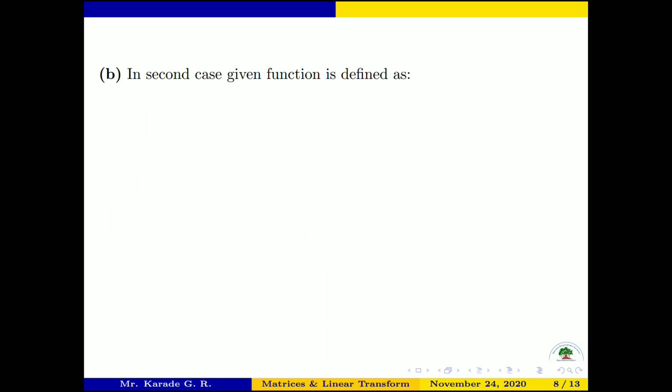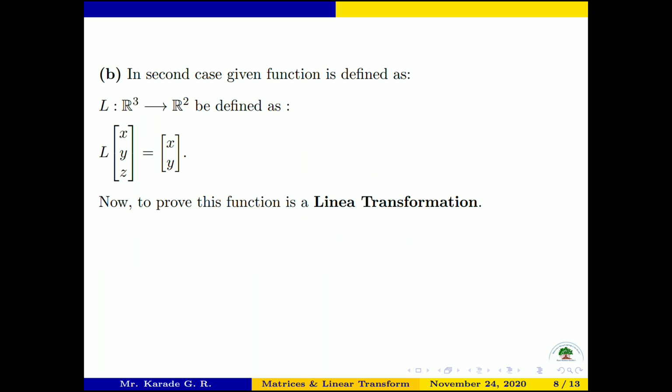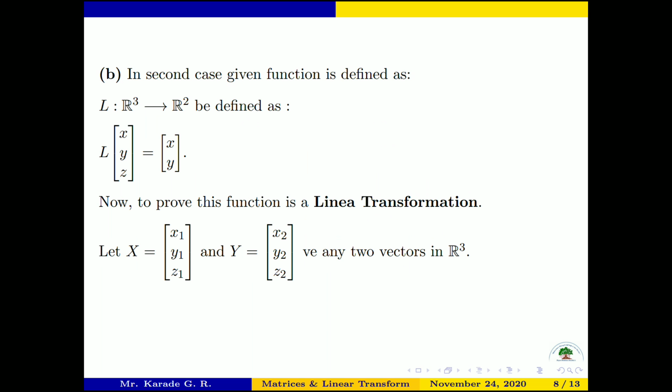Now consider the second example. In the second case, the given function is defined as L from R3 to R2, and it is defined as L operating on a column vector (x, y, z) and we get a column vector (x, y). Now to prove this function is a linear transformation, let x equal (x1, y1, z1) column vector and y equal (x2, y2, z2) be any two vectors in R3.